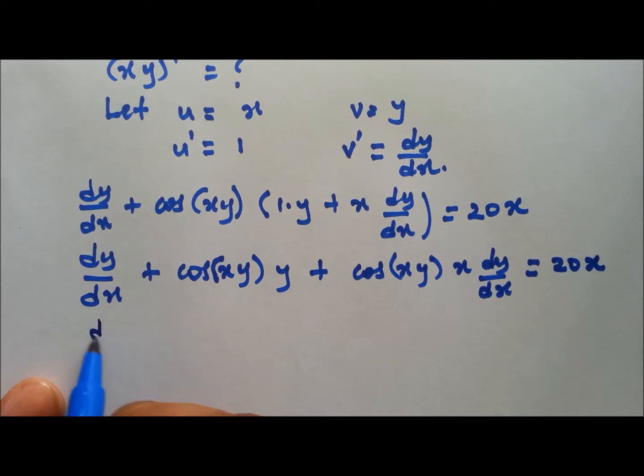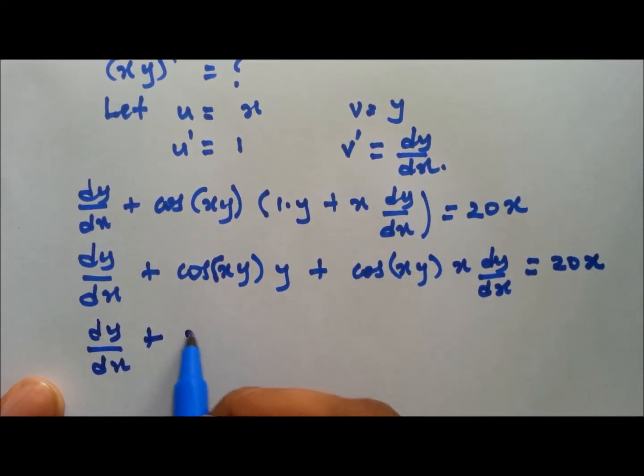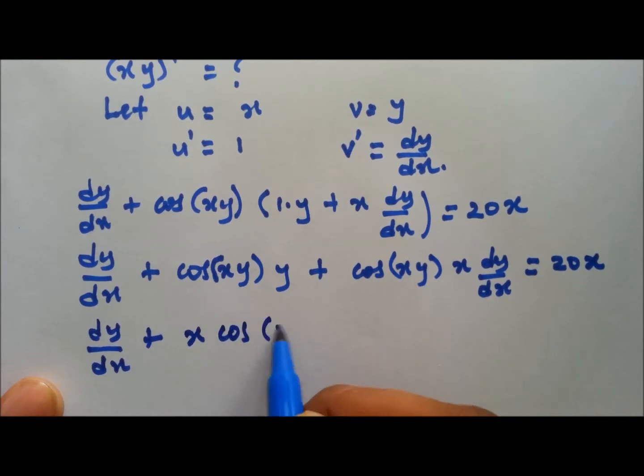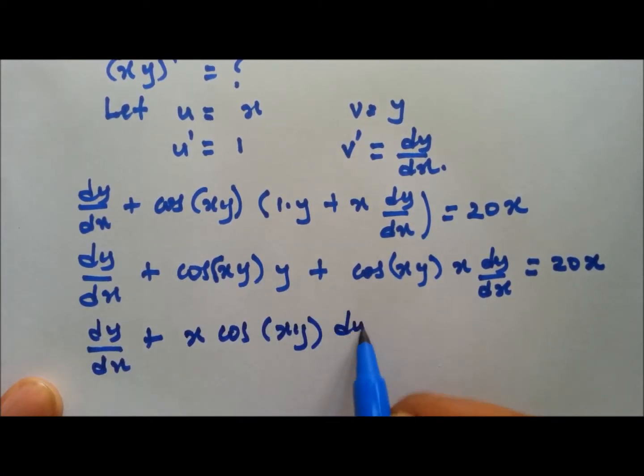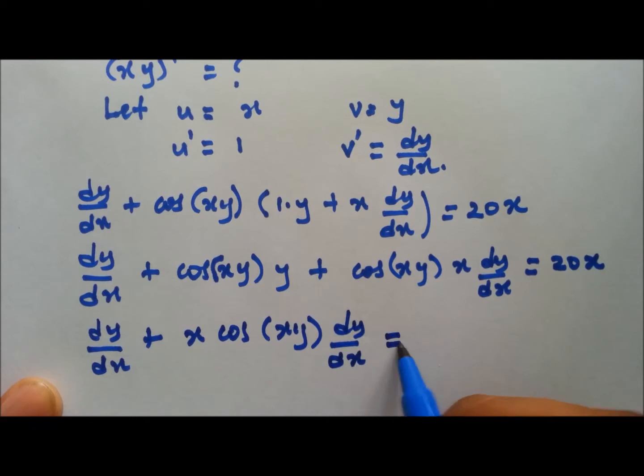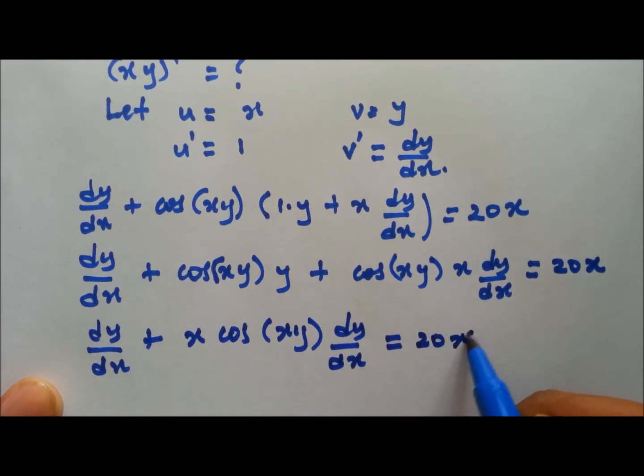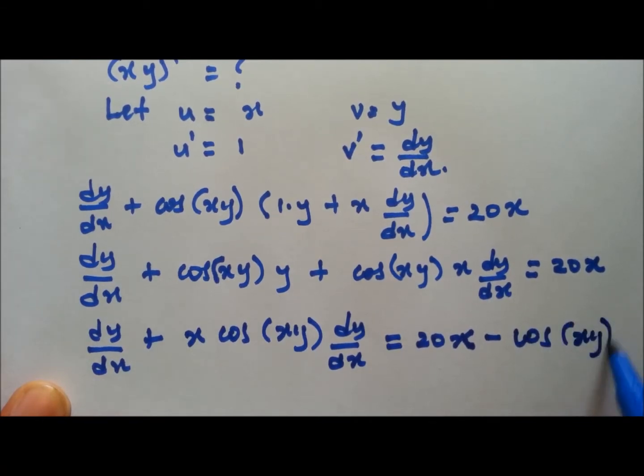So in this case, we'll have dy over dx plus x cos xy dy over dx is equal to 20x. Let's take this to the right hand side. We'll have minus cos of x times y into y.